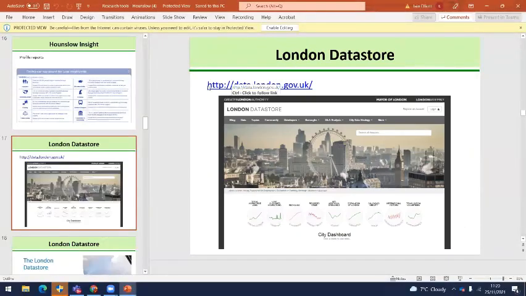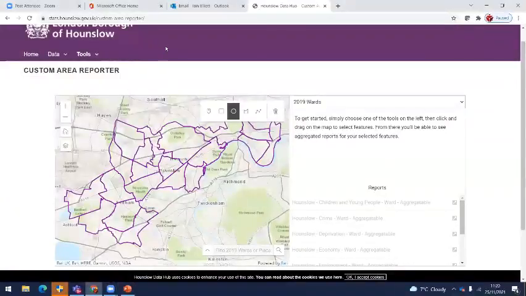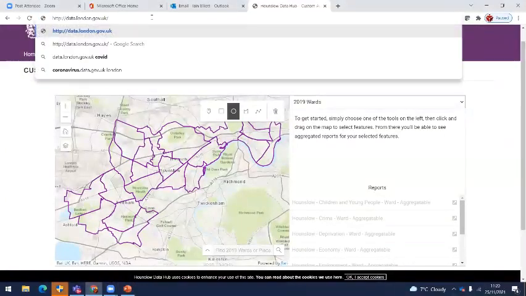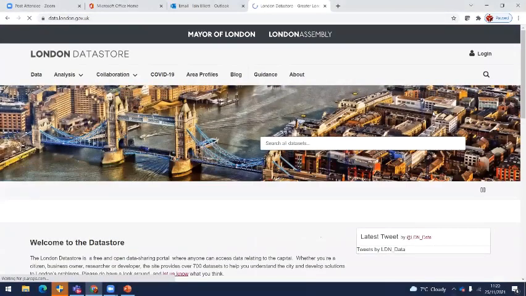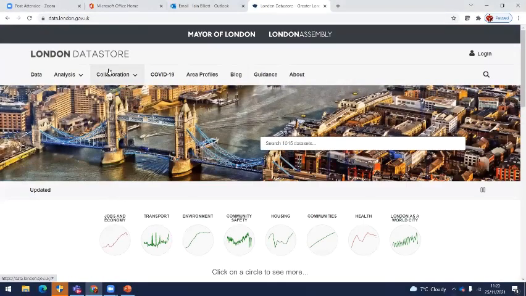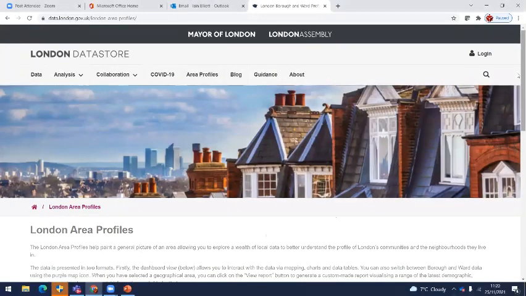I'll just go to the website and show you how it works. This is Mayor of London, London Assembly, GLA. You can go to area profile, which is quite a good start off.